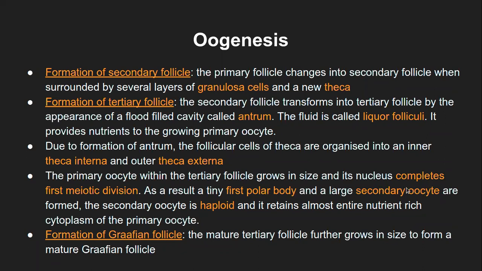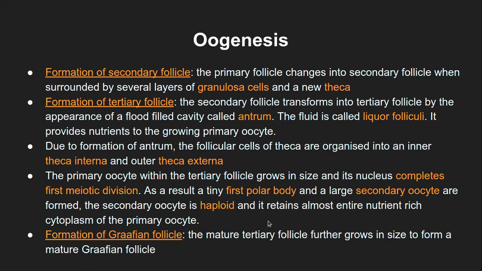Now of course there is a reason, because the secondary oocyte is going to develop into the final ovum, and throughout this process it needs to conserve its energy, and that's why it gets the maximum of the nutrition. Then the last stage, that is the formation of the Graafian follicle.